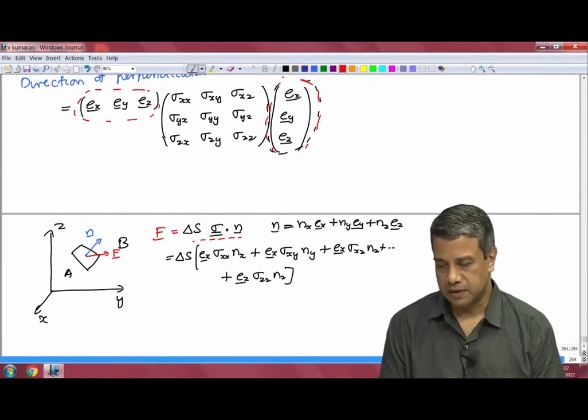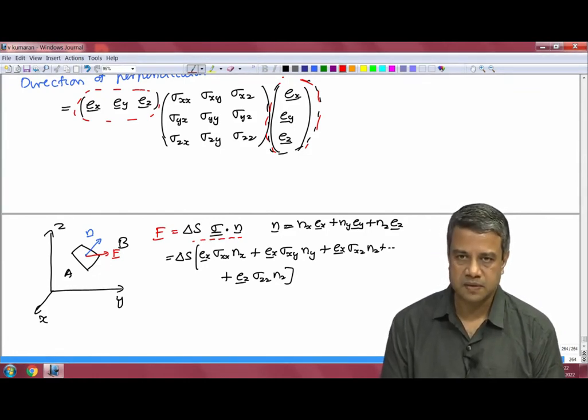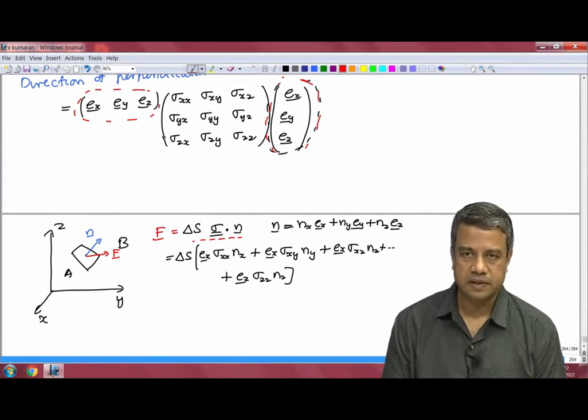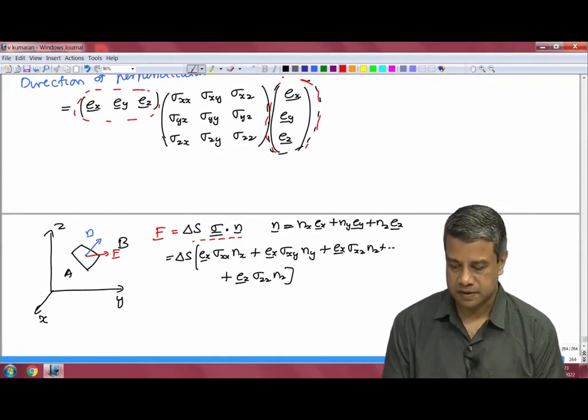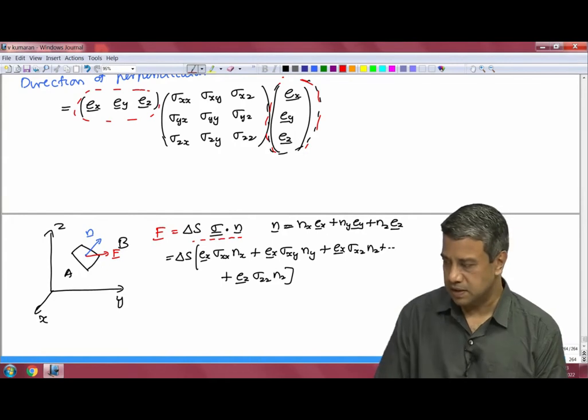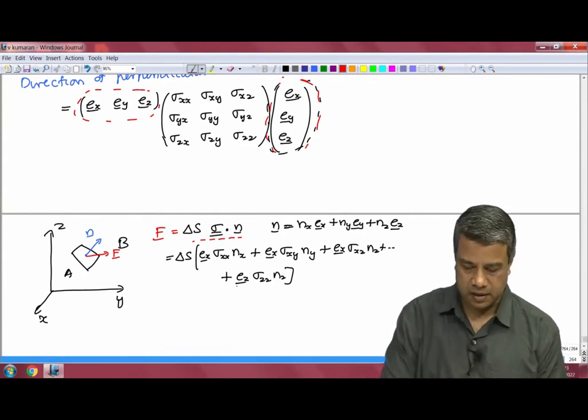Similar to, for example, the transport rate across a surface of mass, which does depend upon the orientation of the surface, but the flux vector does not. In a similar manner, the force exerted depends upon the orientation of the surface, but the 9 components of the stress do not.